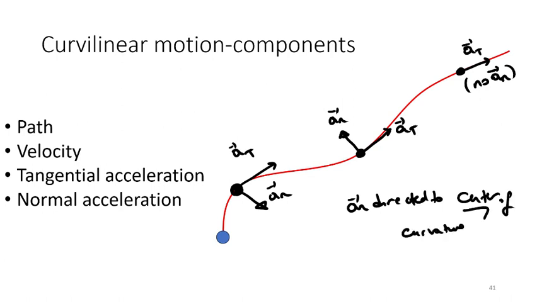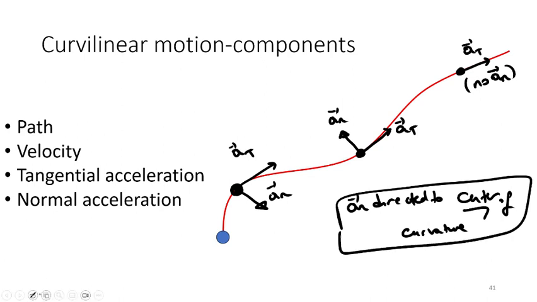Okay. And this normal acceleration, so you just look at a section of it. For this section, this is the center, O. And then for this section, this is the center.